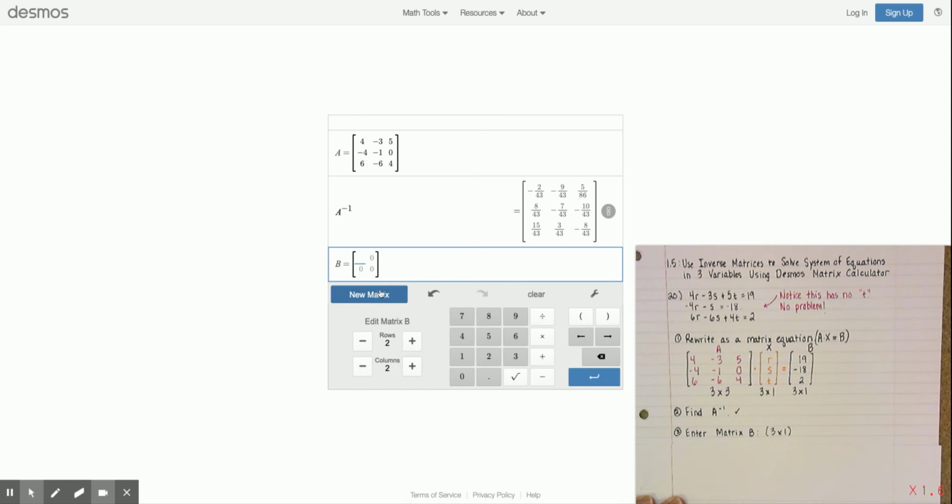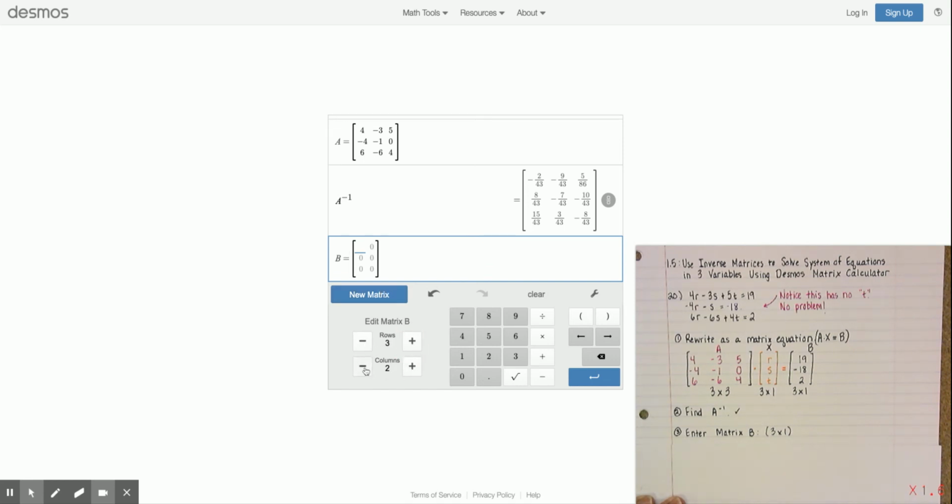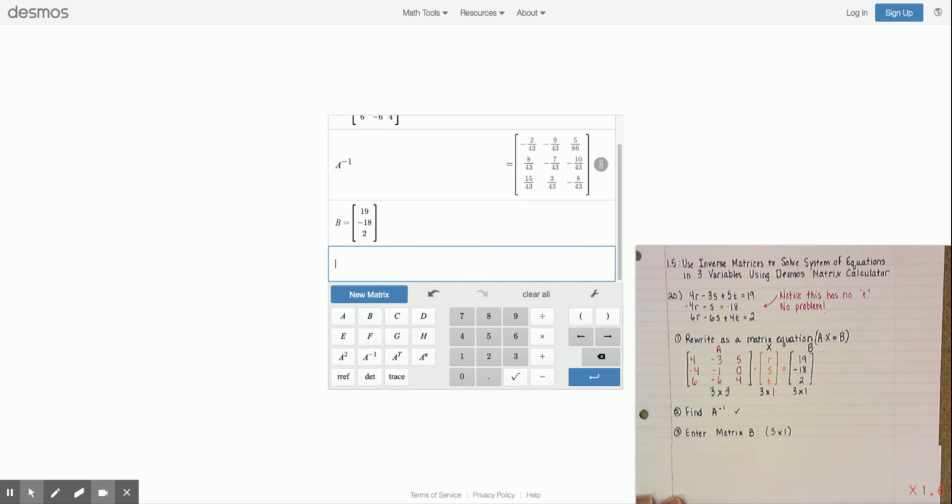So press new matrix, and we have 3 rows and 1 column. Put 19, negative 18, and 2. Press enter. And now we are ready to multiply the inverse of A times B. So let's go ahead and do that.